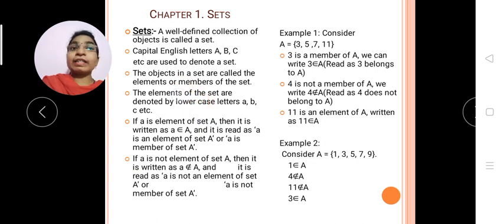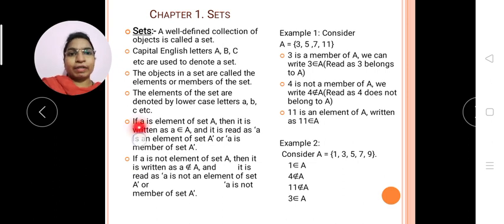Then A is the name given to that set, and a, e, i, o, u are the elements or members of that set. Every object in the set is an element of that set. The elements are denoted by small letters. Always remember that: the name is denoted by a capital and elements are denoted by a small letter.